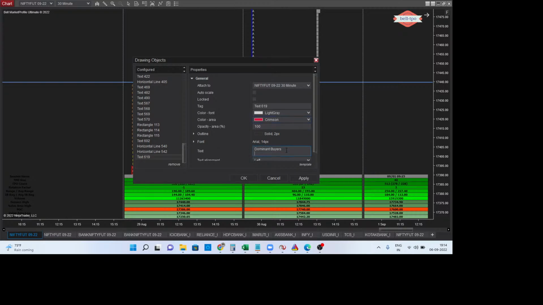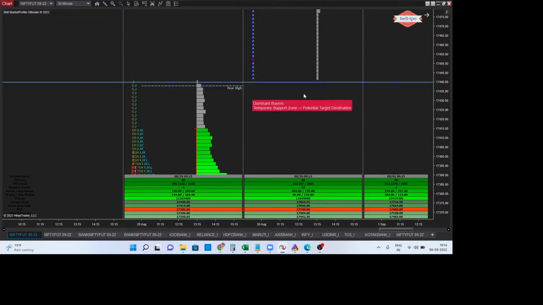The level 17,440, which happened on the 30th of August, acts like a temporary support zone. However, at some point in time, it becomes a potential target destination. And what I'm expecting in this series is that 17,440 is one of the reference levels.